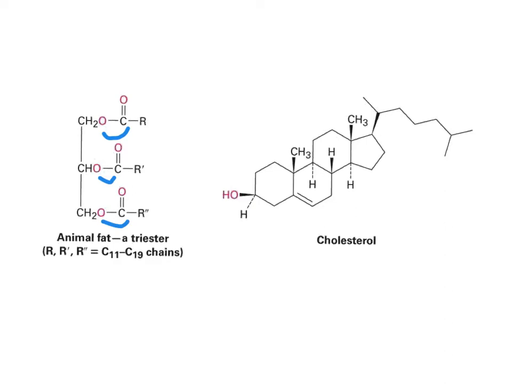A strong solution of potassium hydroxide or sodium hydroxide will cleave these ester bonds to produce 3 free fatty acids and 1 unit of glycerol. Because cholesterol does not contain any esters or amides, it cannot be hydrolyzed.